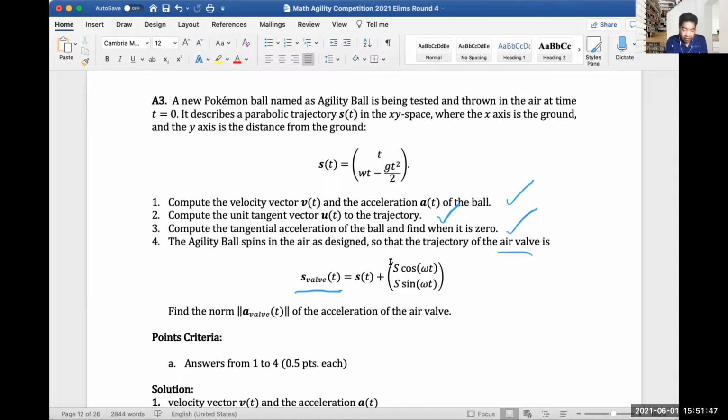We are required to find the norm of the acceleration of the air bulb, the magnitude of the acceleration of the air bulb. If you answer all four questions, you get 2 points, each worth half a point. Okay, let's move to the solution.